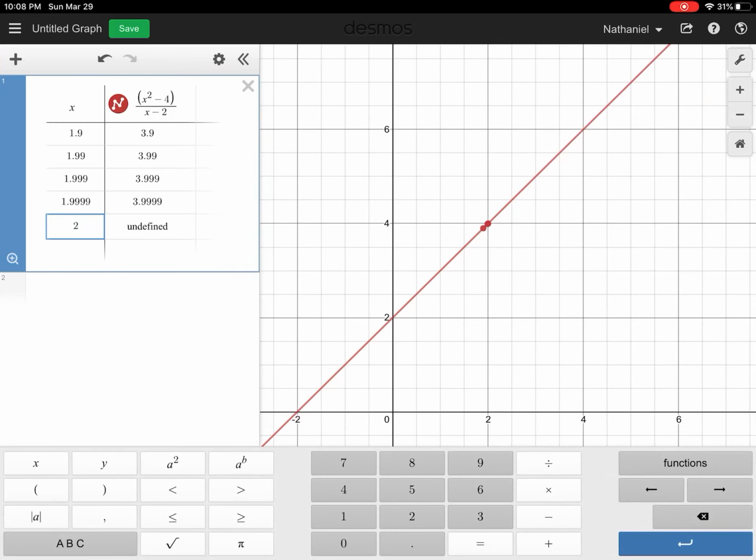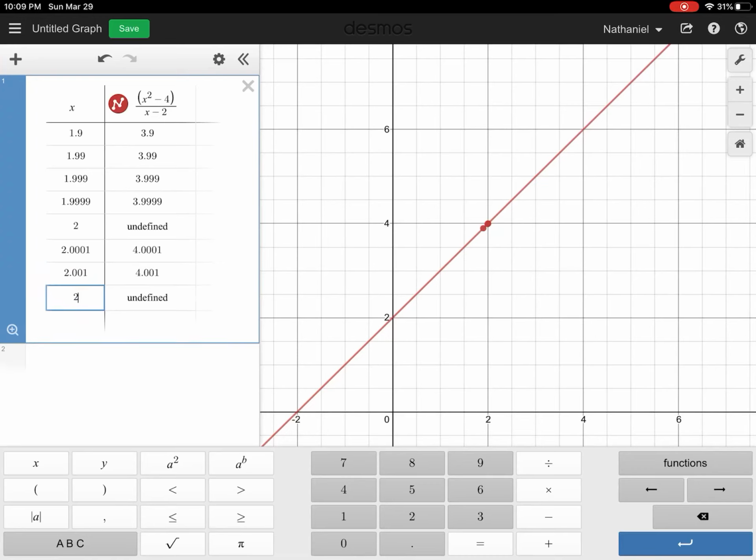Let's look at it if it's coming from above 2, or from the right. So we're going to add a line down below. What about if we were really quite close, 2.001? Yeah, okay, so this confirms we're looking at the same value. And if we get a little bit farther out, because I like symmetry, we actually see the exact same pattern.